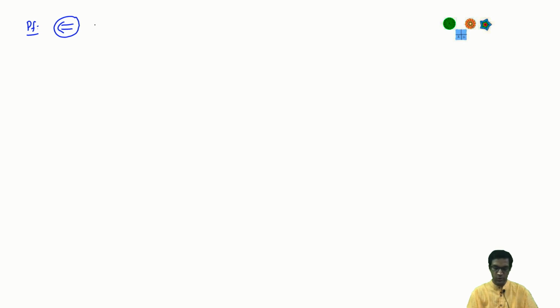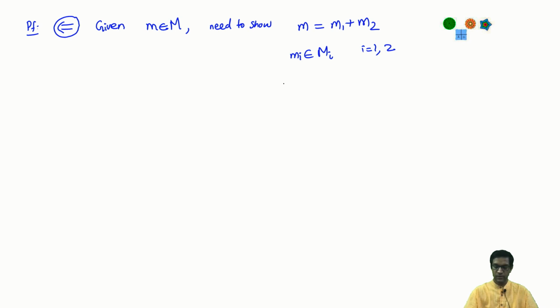So, we need to show that given any element m in M, m can be written as a sum m1 plus m2, with mi belonging to Mi, in a unique fashion. Okay. So, let us prove this.